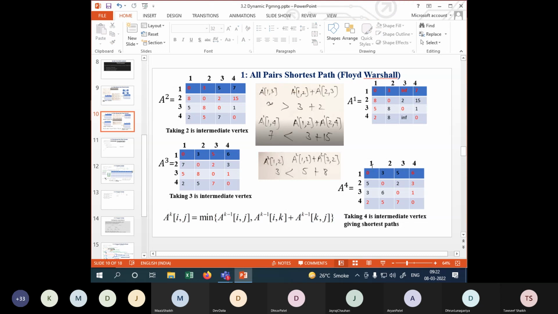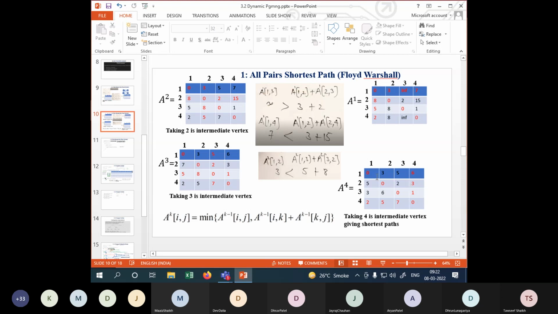And this is the kind of matrices which we will get finally. All right. And when we get the matrices whose iteration number is equal to the total number of nodes inside the graph, we will stop here, and the values in that matrices will be the shortest distance from every node to every other node.